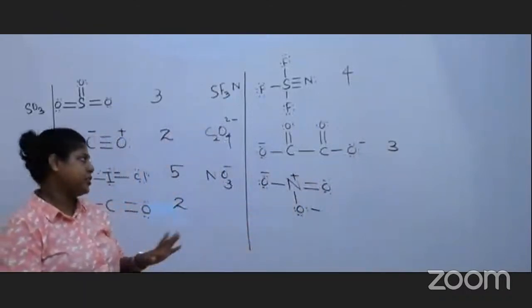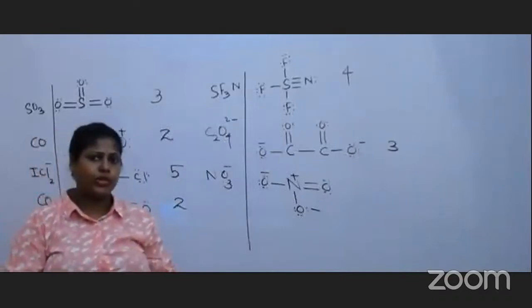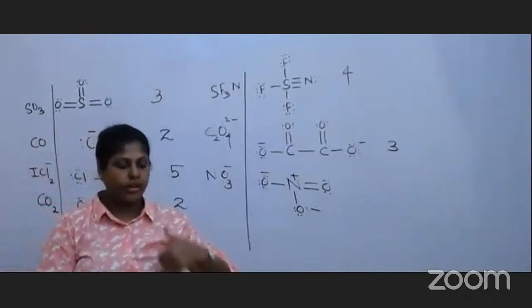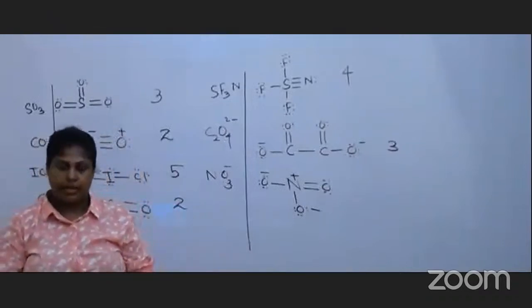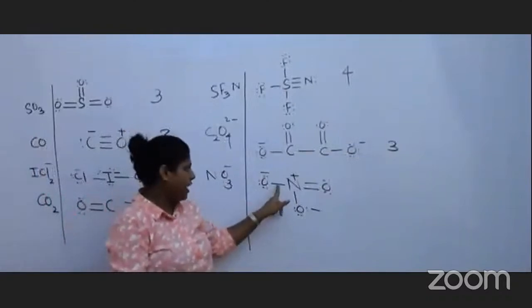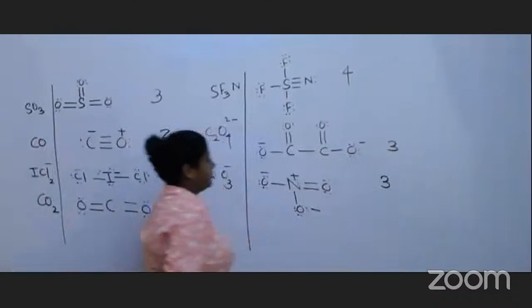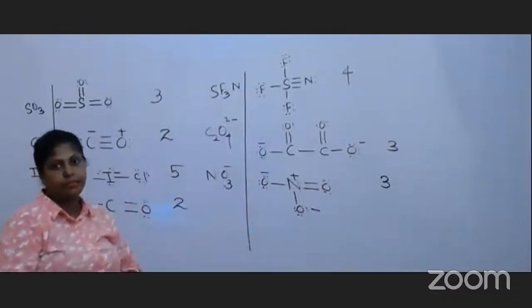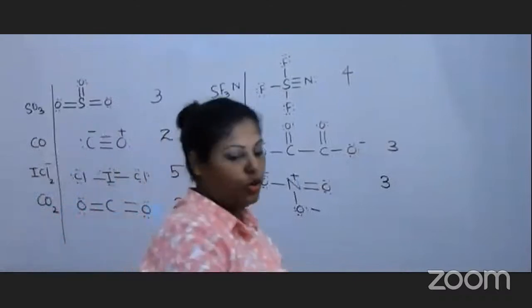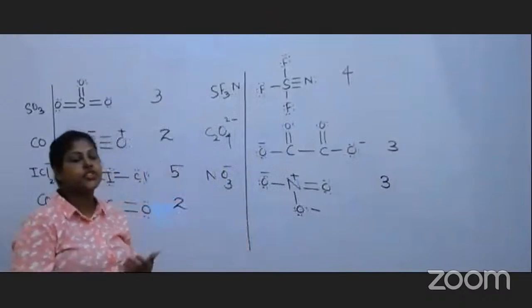Even though nitrogen has a positive charge, don't worry about that, because VSEPR units are any double bond, any triple bond, any single bond, or any lone pair. So here 1, 2, 3, the total VSEPR units around this is 3. This is so simple now, right? When you know the total VSEPR units, you can tell the hybridization too.